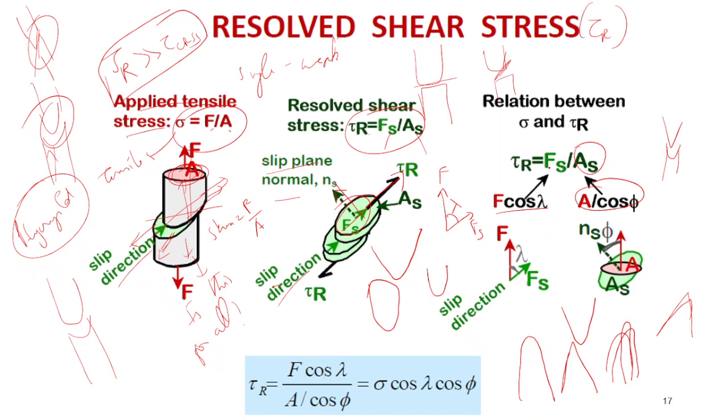Substituting these values, we get F cos lambda divided by A by cos theta. This F by A is our longitudinal stress, and we have cos lambda over here, and 1 by cos phi, which is in the reciprocal and comes to the numerator. So we have sigma cos lambda cos phi. This is the formula for resolved shear stress.